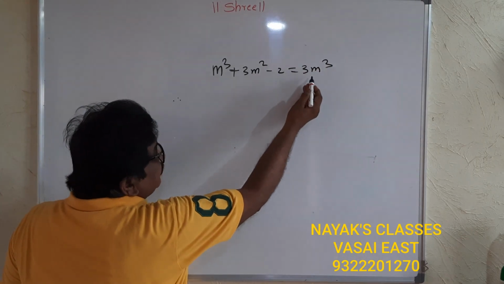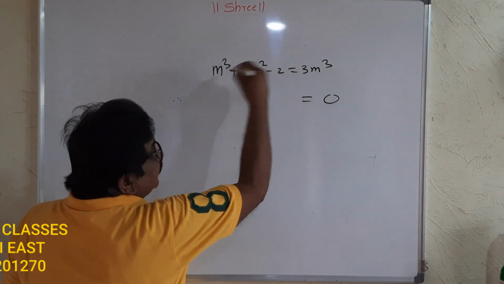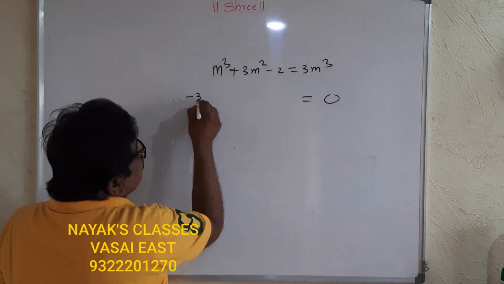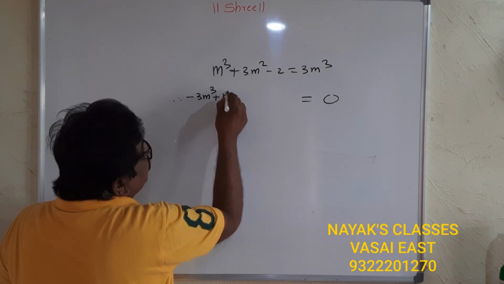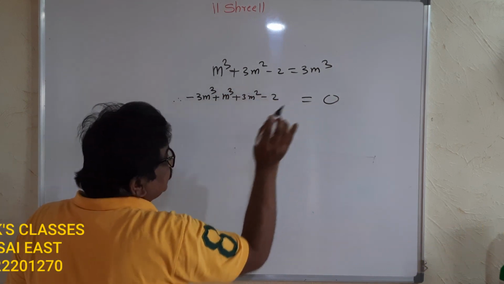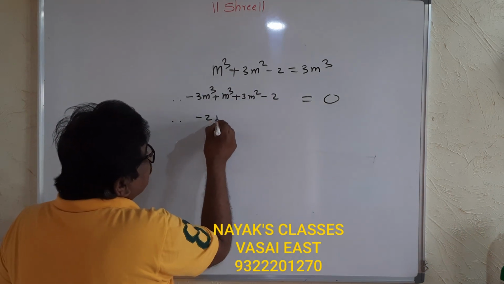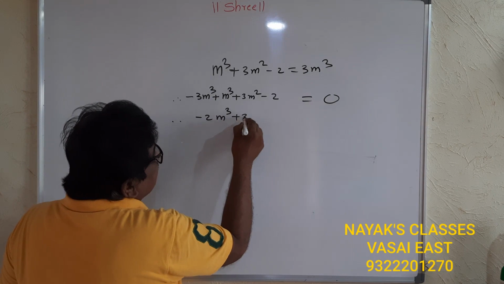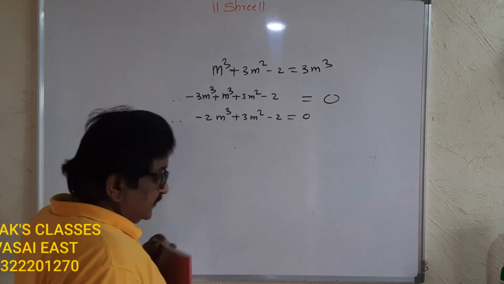Therefore, that 3m cube to the right hand side, it should be 0. So that 3m cube will come this side. 3m cube plus m cube plus 3m square minus 2. Therefore, minus 3 plus 1, minus 2m cube plus 3m square minus 2 is equal to 0.